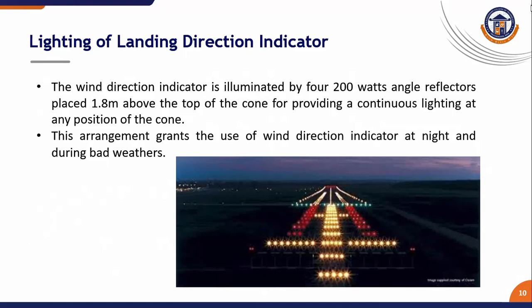Lighting of landing direction indicator. The wind direction indicator is illuminated by four 200 watt angle reflectors placed 1.8 meters above the top of the cone, providing continuous lighting at any position of the cone. This arrangement allows the use of the wind direction indicator at night and during bad weather.